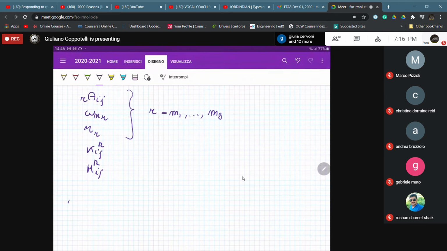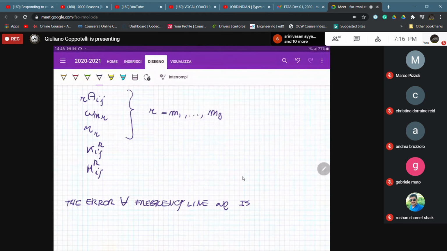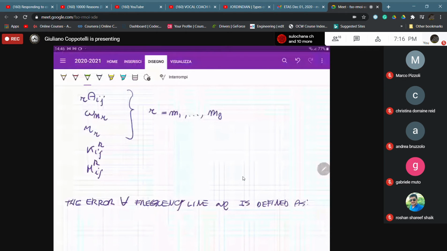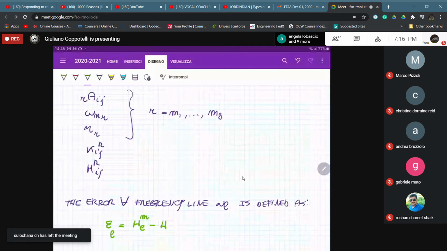So the error for each frequency line omega_L is defined as epsilon_L equal to H_L model minus H_L measured.